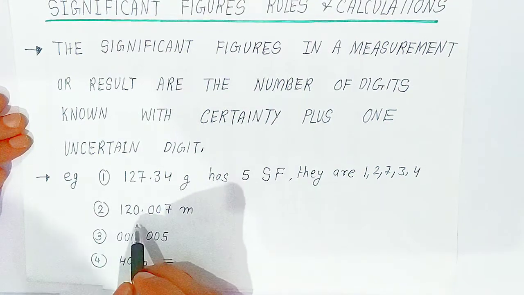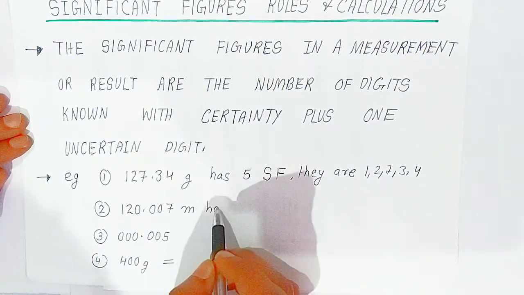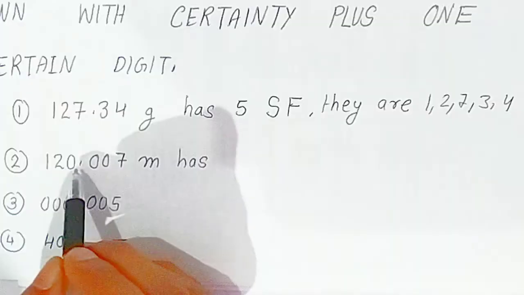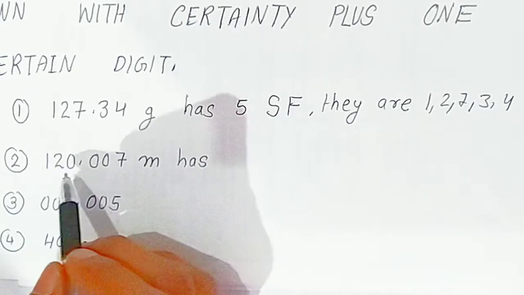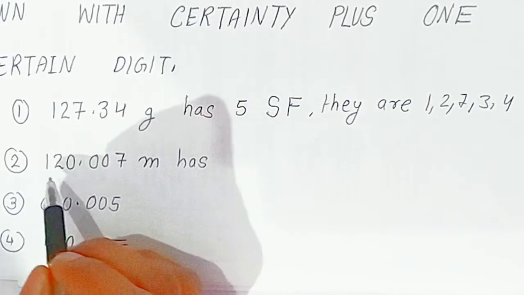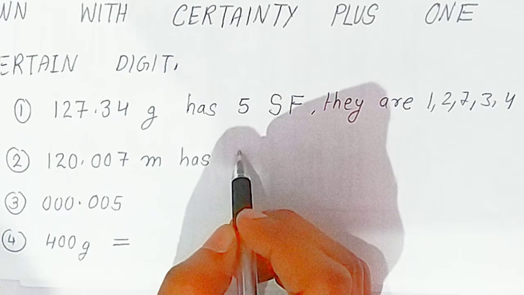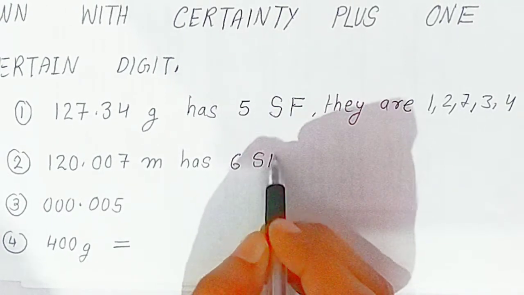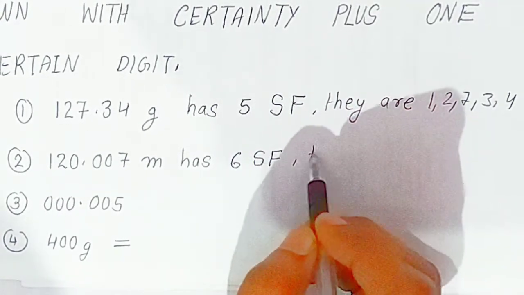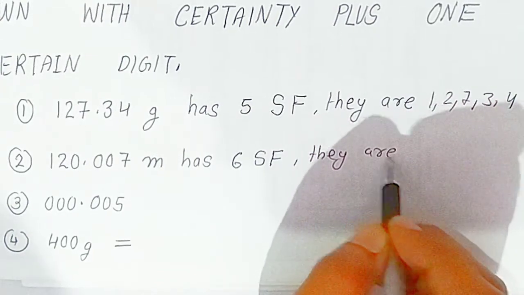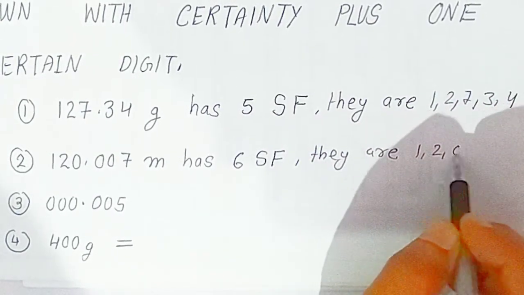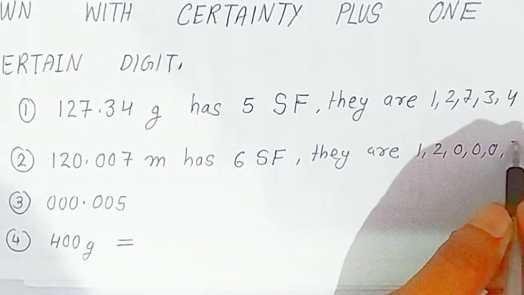Now in this reading, how many significant figures does it have? Zeros and numbers are both coming in between the numbers, so we will count all of them. It has a total of 6 significant figures, and they are 1, 2, 0, 0, 0 and 7.